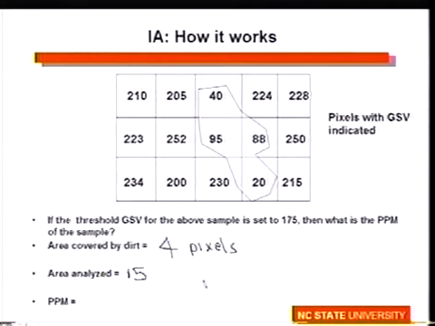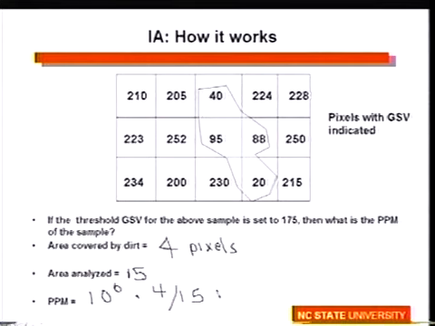All right? And then parts per million, all we need to do is remember our equation. So parts per million is 10 to the 6th power, that's a million, times 4, which is the dirt area, divided by 15, which is the area we scanned.